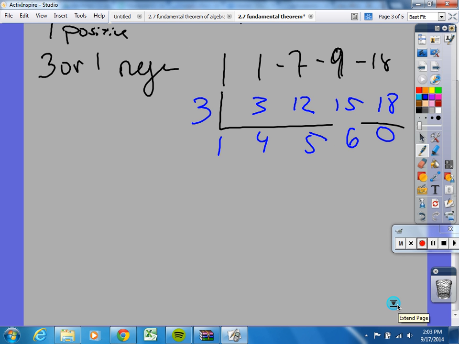Now, James, am I going to go off these top numbers or the bottom ones? Bottom ones. You might as well keep going off the bottom ones, because that was an x to the 4th. Now what is it? X to the 3rd. What's the other zero we're going to use? Negative 3, because we found both of them. Yes, you can, but why would that not be very good?